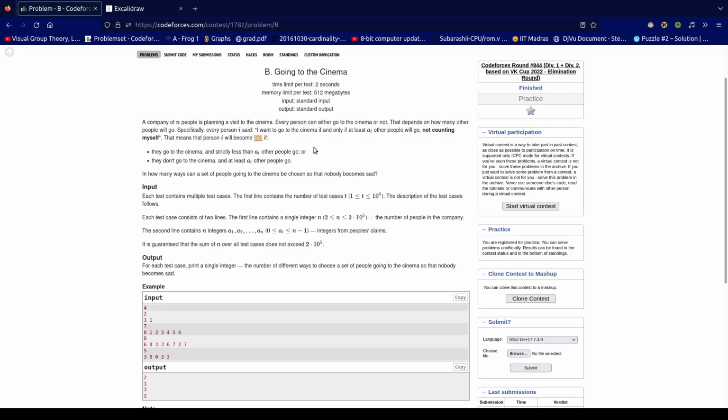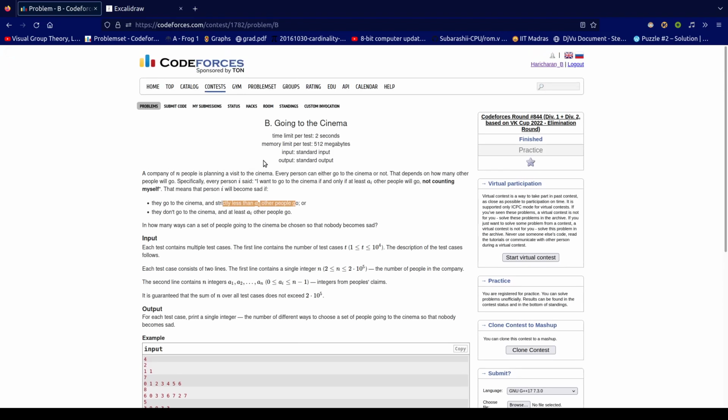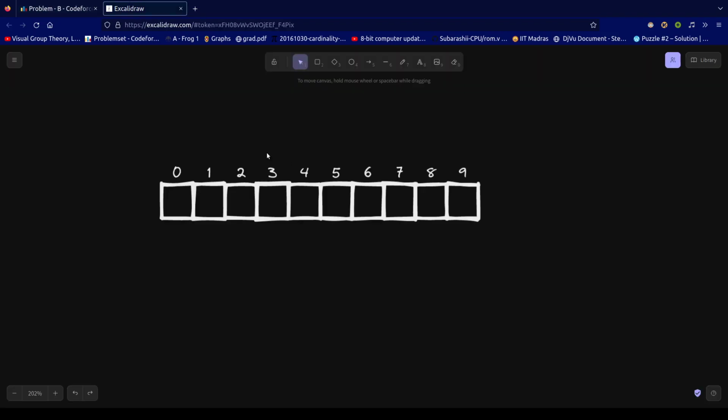So we want no one to become sad. That is, every single person has to be happy. That means if strictly less than a_i people go, then they'll be sad. So basically, greater than or equal to a_i people have to go to the cinema if a particular person goes to the cinema, and if a particular person doesn't go to the cinema, then basically less than or equal to a_i people have to go to the cinema.